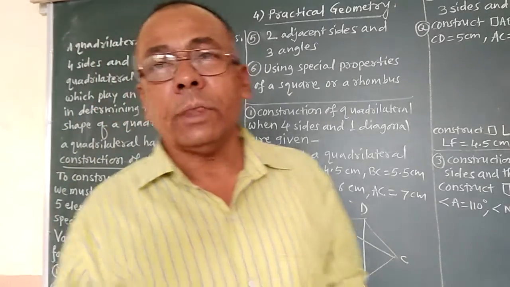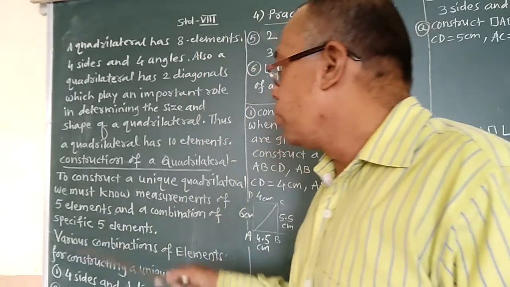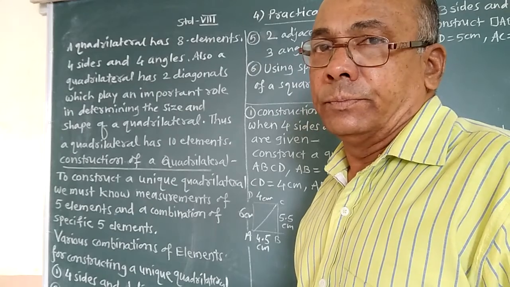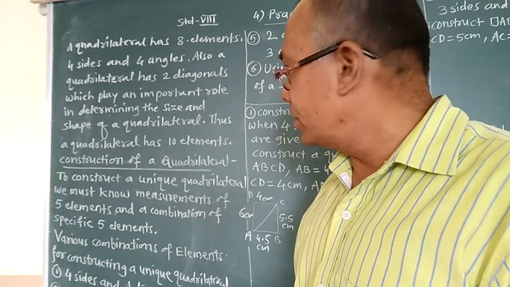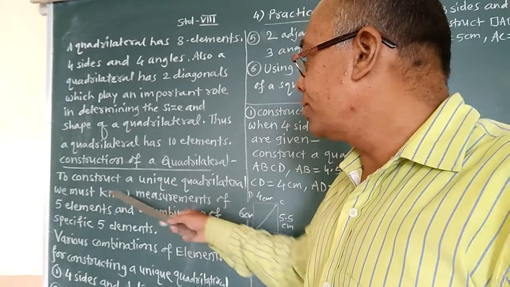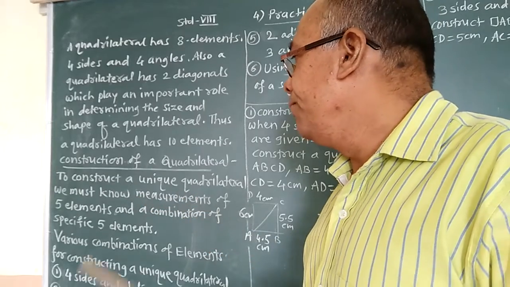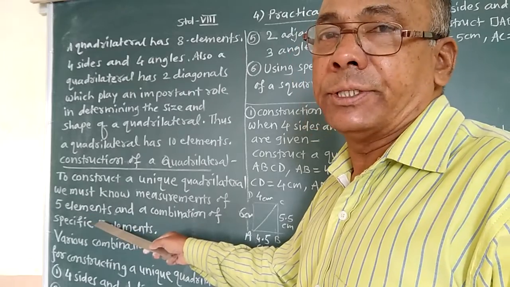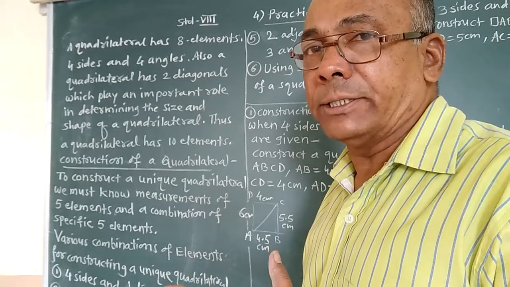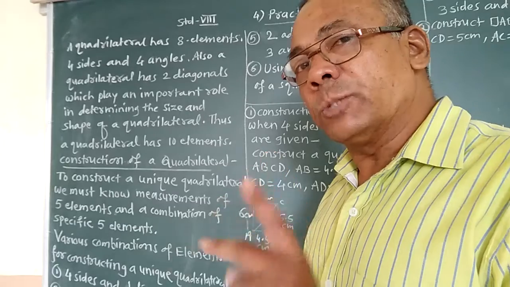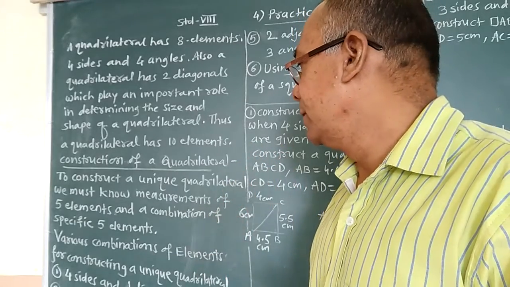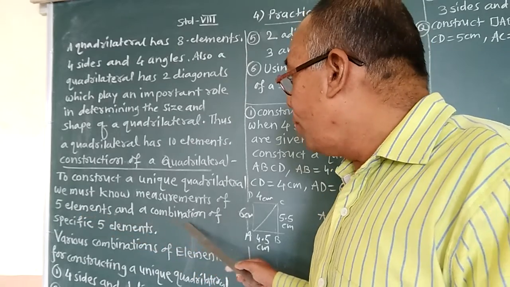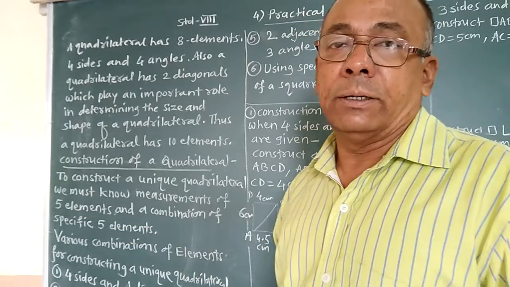Here, if we construct a quadrilateral, to construct a unique quadrilateral, we must know measurements of 5 elements. Out of 10 elements, we must know 5 specific elements, a combination of specific elements.